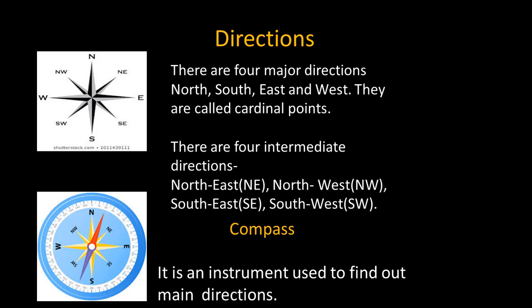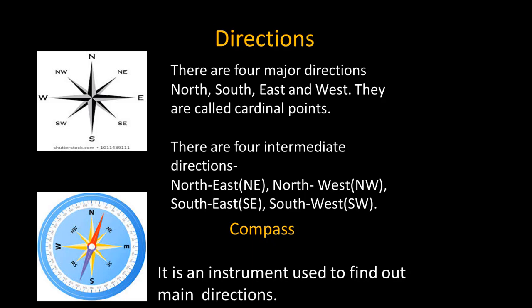Now the next component for the map is direction. There are four major directions: north, south, east and west. These directions are also known as cardinal points. There are four more intermediate directions which are between the two directions, that is northeast, southeast, northwest and southwest.